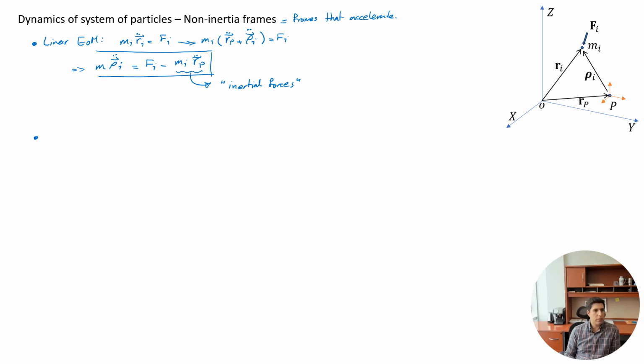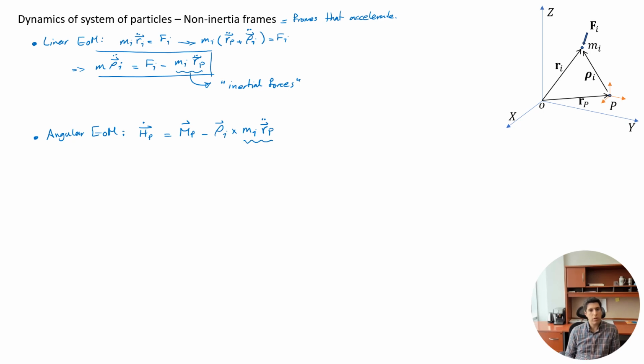Similarly, we saw in the previous video in the angular domain that angular momentum about point P was moments about that point P, but minus rho_i cross, again, same inertial force, m_i r double dot_P.